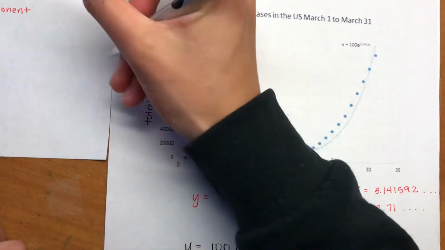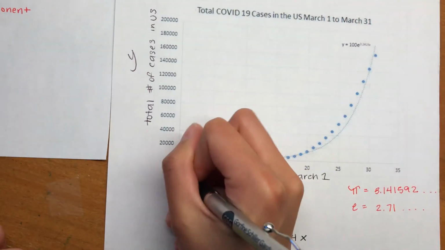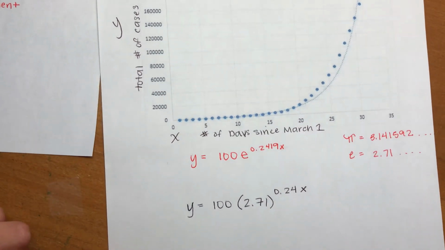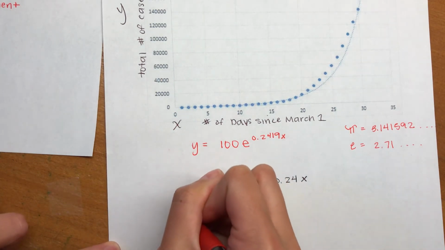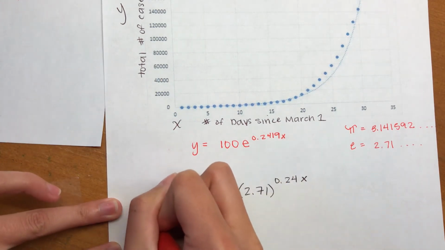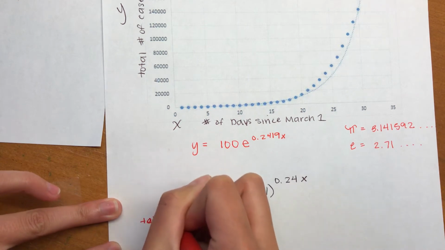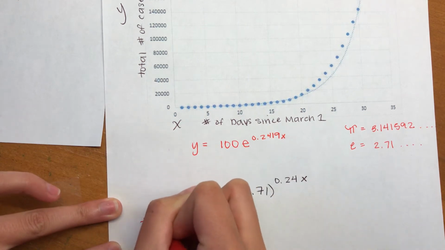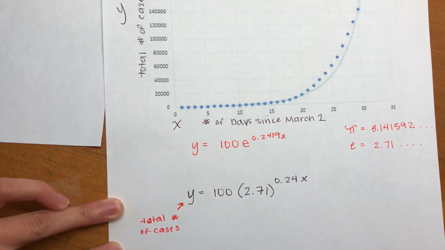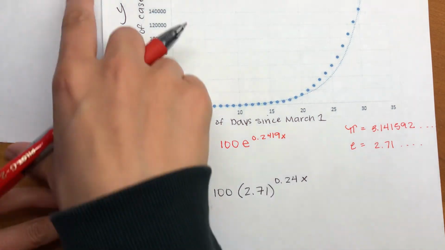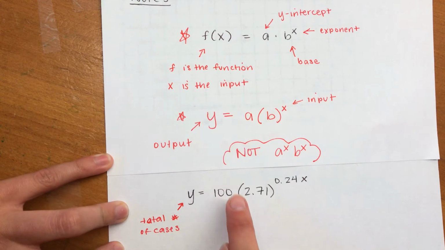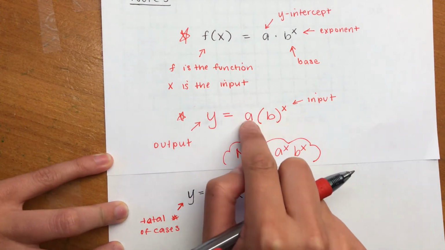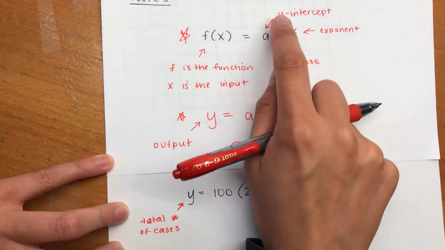So if this is my y-axis, and this is my x-axis, I'm really going to label this formula, okay? So y is going to be total number of cases. 100, if I look back in my notes, is my A value, and A is the y-intercept.